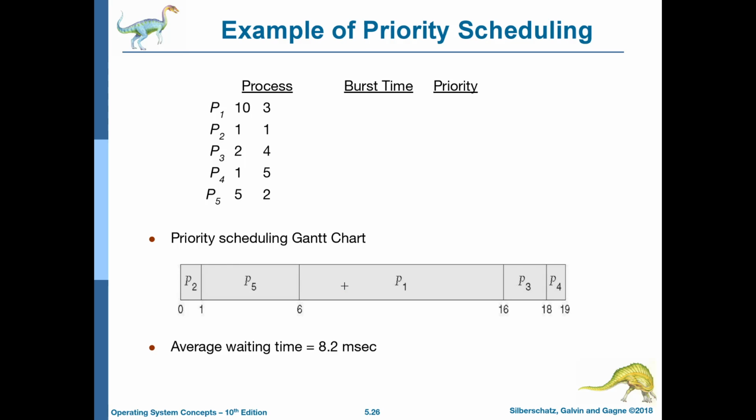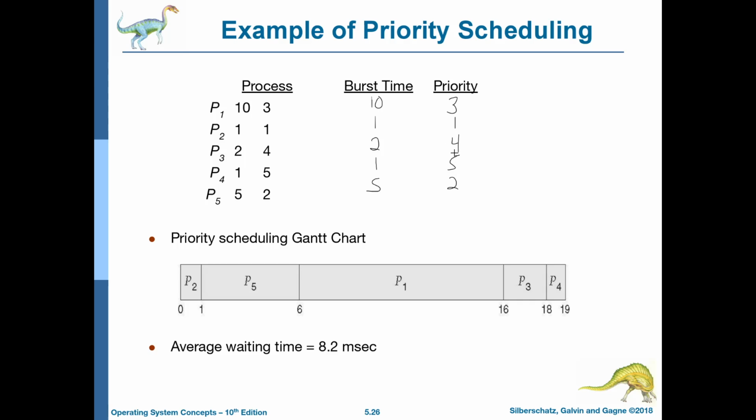And so here is an example of priority scheduling. Again, the numbers are offset here, but we can have burst times 10, 1, 2, 1, 5, and we can give these processes priorities 3, 1, 4, 5, and 2.